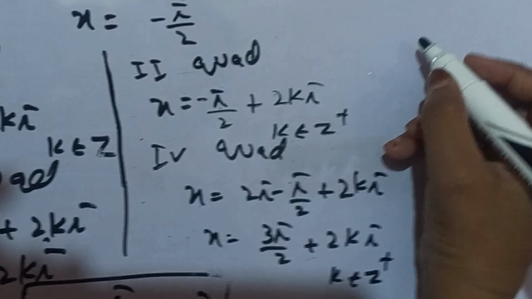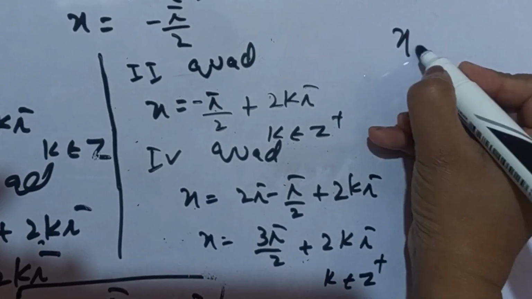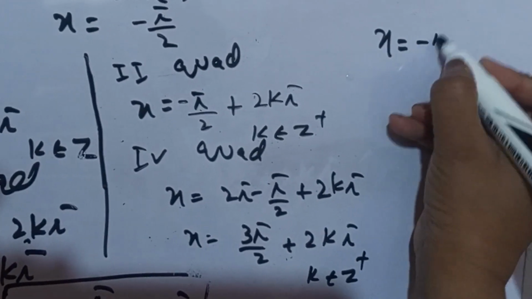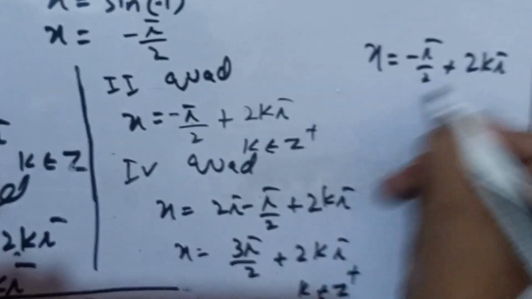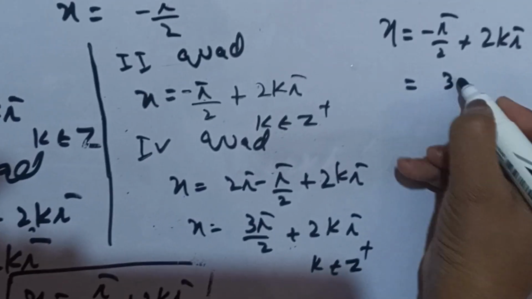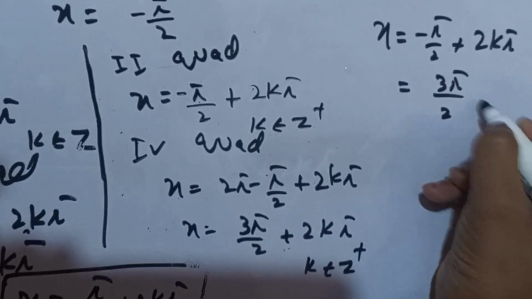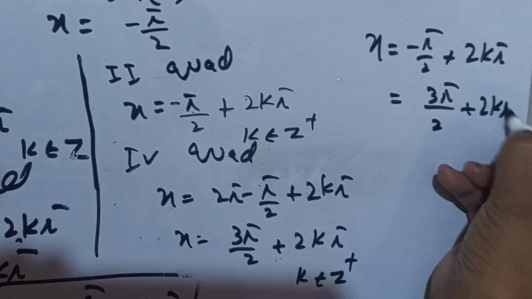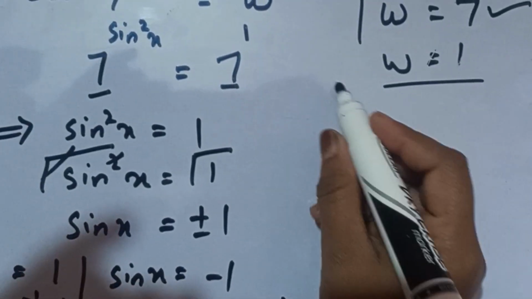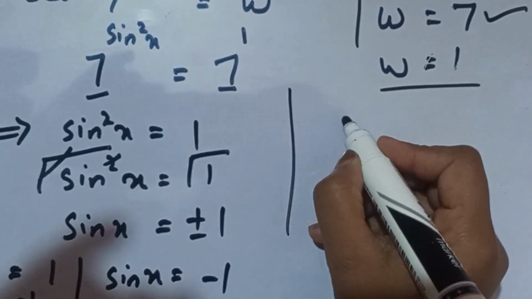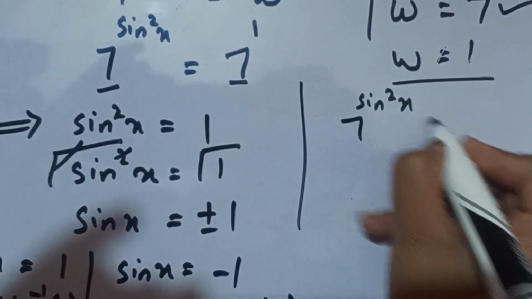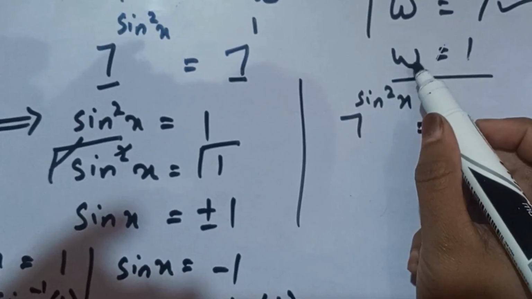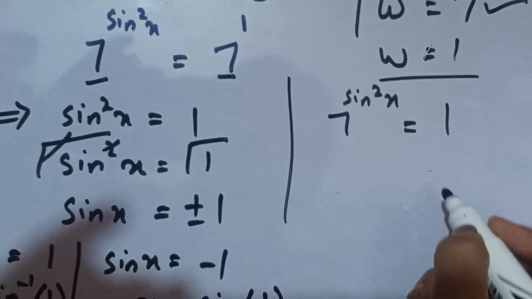So in this case we get two values of x. First one is minus pi over 2 plus 2k pi, and the second value is 3 pi over 2 plus 2k pi. Now we solve this part. So we let 7 raised to the power sine square x be equal to w, and in this case this is equal to 1.